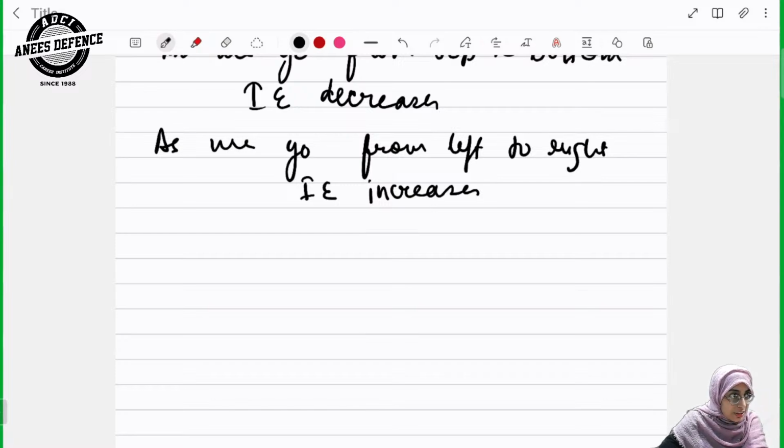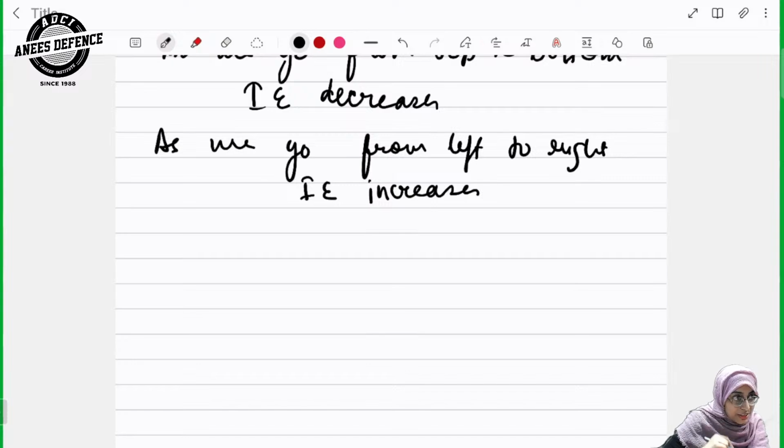So if the ionization energy is less, then it can lose electrons, and those electrons will be used by the other species, which will be reduced. So those elements which have lower ionization energy are able to lose their electrons easily, are oxidized themselves and help to reduce others. So they act as a reducing agent.